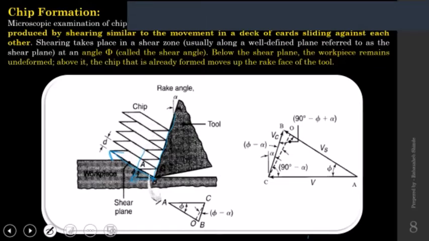So I will get one triangle, and that triangle has been represented over here.